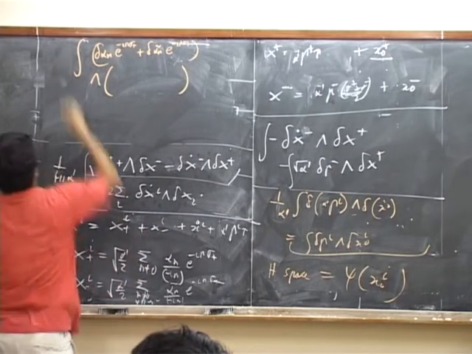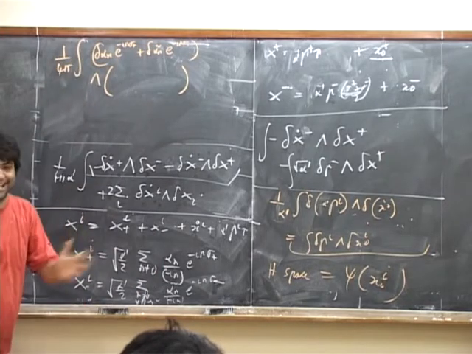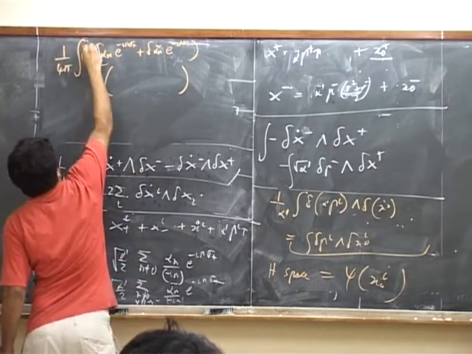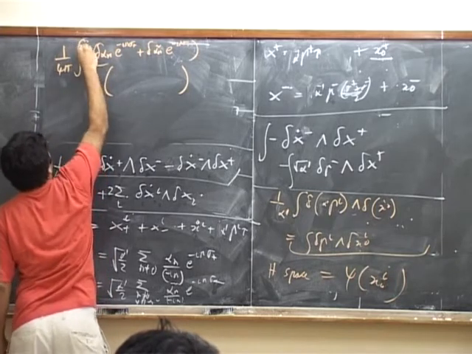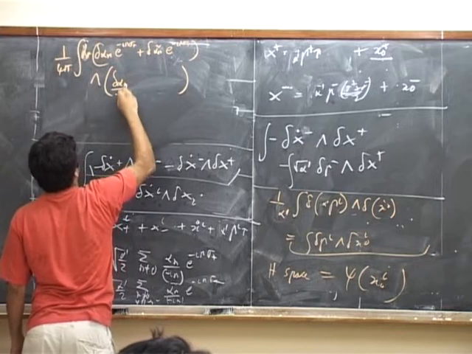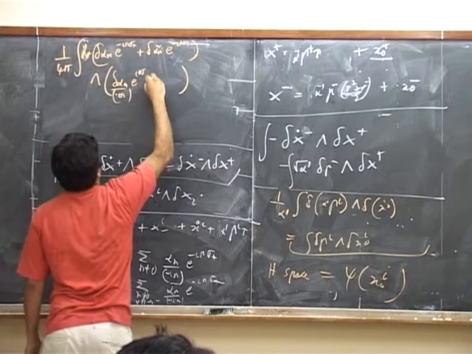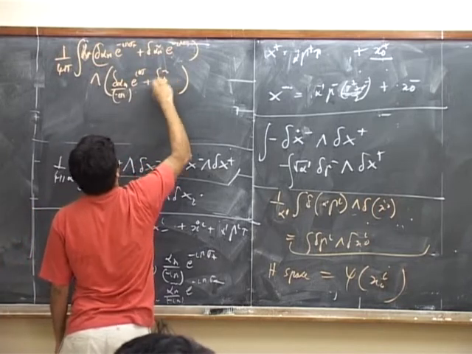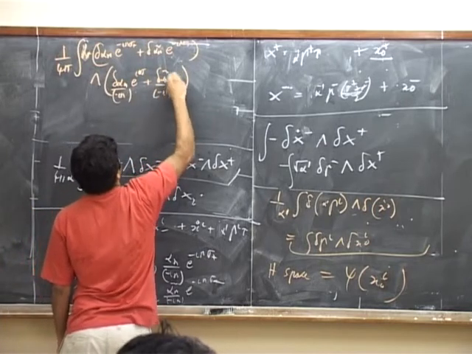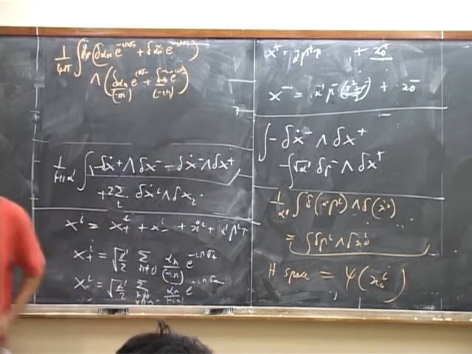Let me be more systematic. Let me add 1 by 4 pi, and I've not yet done the integral. This is the integral d sigma, wedge delta alpha n divided by minus i n, times e to the minus i n sigma plus, plus delta alpha n tilde over minus i n, times e to the minus i n sigma minus, x.